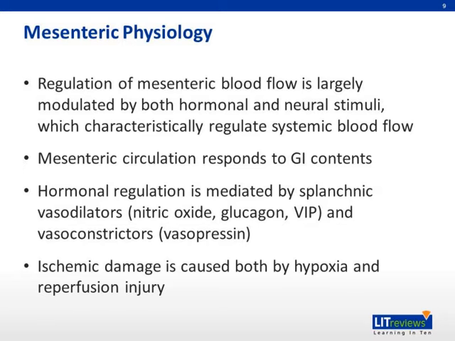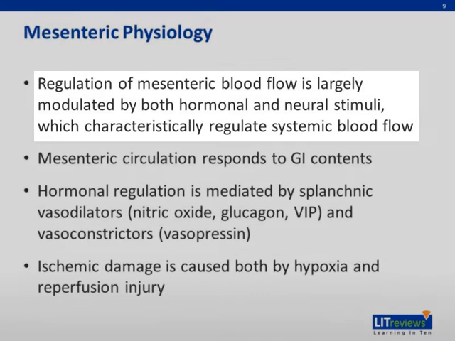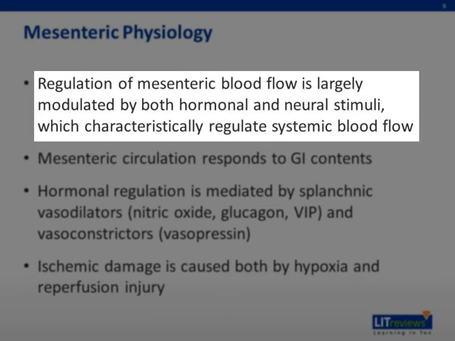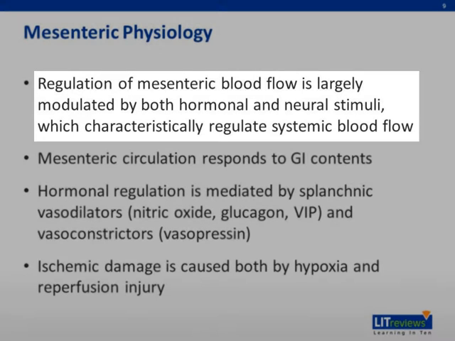Intrinsic autoregulation of blood flow by the splanchnic vessels is thought to occur in response to acute reductions in perfusion pressure. Neural and hormonal mechanisms also contribute to the extrinsic control of intestinal blood flow. These include the sympathetic nervous system, the renin-angiotensin axis, and vasopressin.